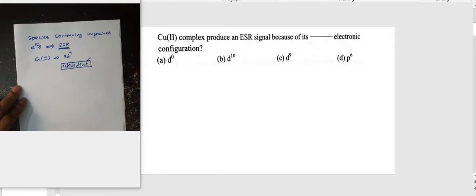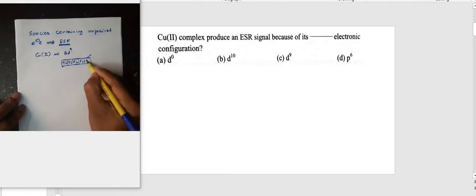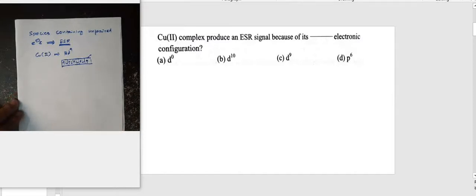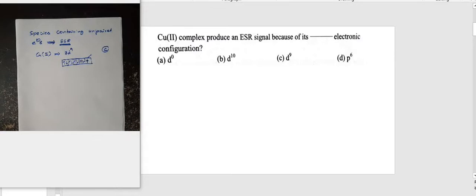This unpaired electron is responsible for the copper 2 complexes becoming active in ESR spectroscopy. So the correct option for this question is option C. It is due to the d9 configuration that copper 2 complexes produce an ESR signal.